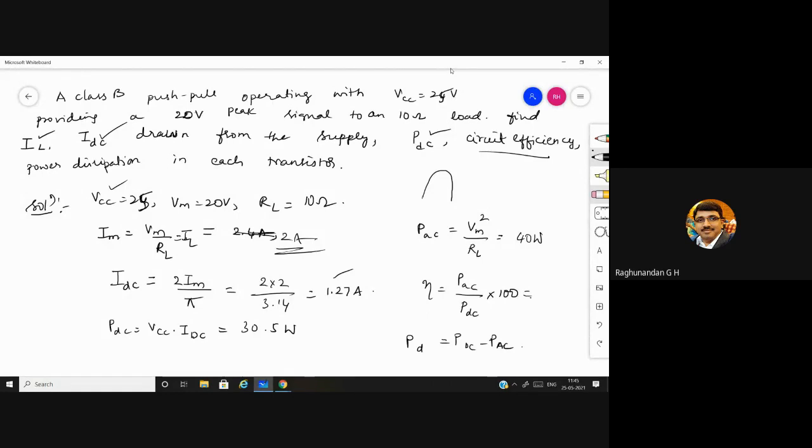Okay, so then make peak voltage as 24. Now check it. So this current will change again. Vm by RL will be 2.4 amperes.